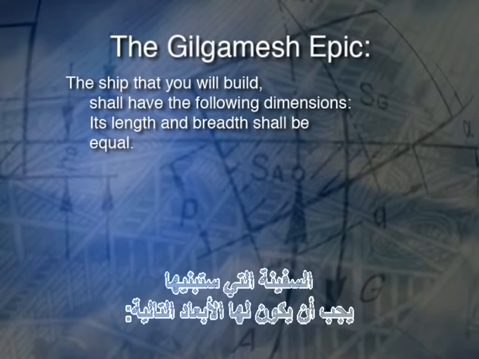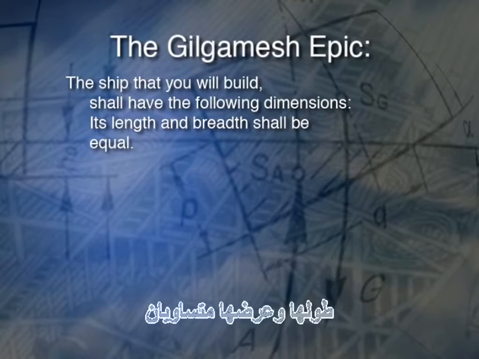You are familiar with the Gilgamesh epic from the Babylonians, and on tablet number 11 it is written, "The ship that you will build shall have the following dimensions. Its length and breadth shall be equal.